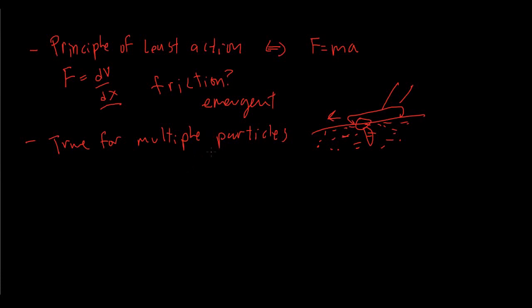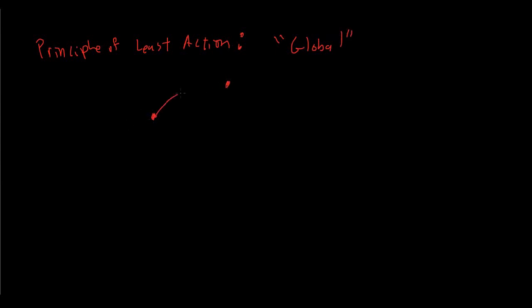I sort of want to think very broadly for a second, that the principle of least action is some sort of global property of all the paths we can take from one time to another time, right?